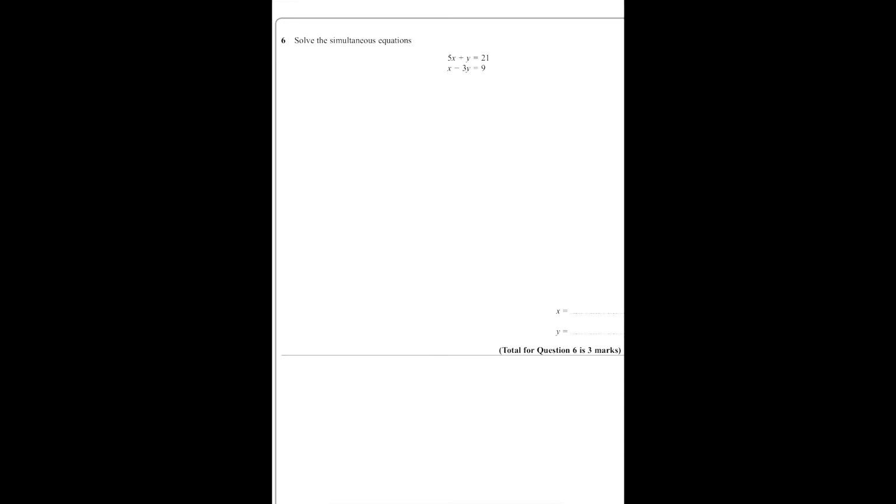Okay, so question 6 on this exam paper, it's solve the simultaneous equations. So again, these are two linear simultaneous equations, so we can solve this via elimination.